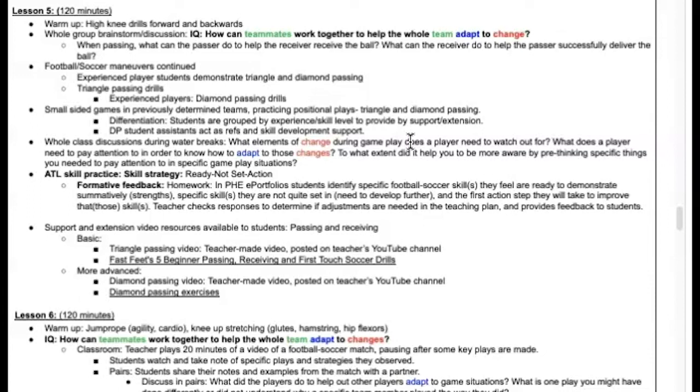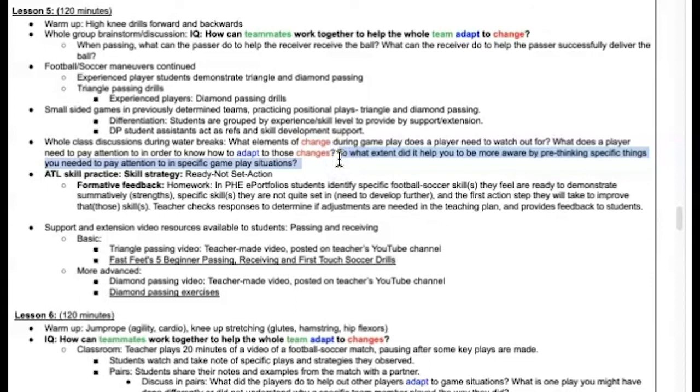That might not be the case. They will help students understand the relevant inquiry question, but they might not have the concepts in them. These two questions do. However, this one, to what extent did it help you be more aware by pre-thinking specific things you needed to pay attention to in specific gameplay situations?